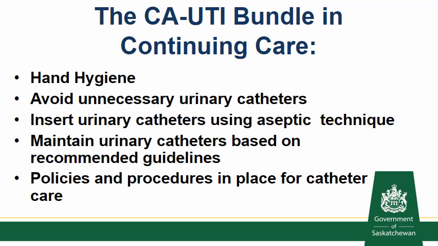The CA-UTI prevention bundle includes good hand hygiene at the point of care, making sure that only those residents who need indwelling catheters have them, ensuring that when inserting a urinary catheter, it is done by someone who knows how to do it properly using aseptic technique, ensuring that the urinary catheter is monitored and maintained daily following the recommended practices, which are making sure the catheter is secured, maintained as a closed drainage system, and that there is no obstruction to the flow of urine.